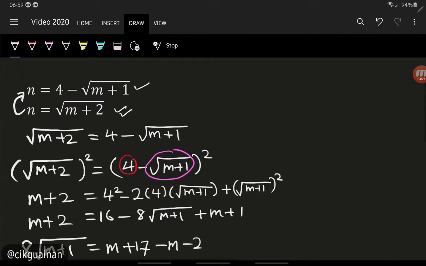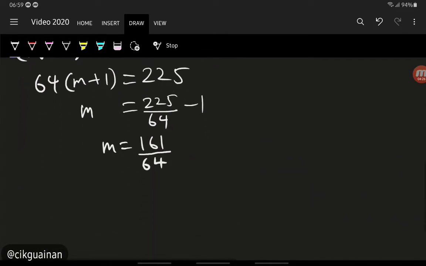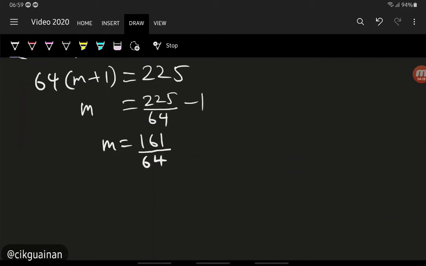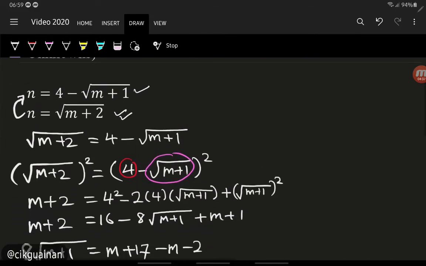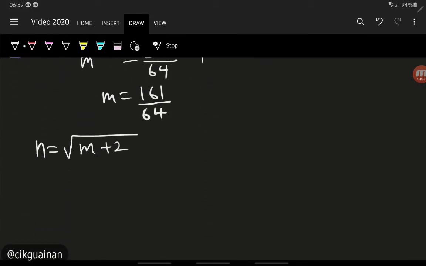We have to find the value of n. So just use one of the equations from up top, but I'm using n equals square root of m plus 2. So what m is, this one. So just substitute 161 over 64, and then plus 2.